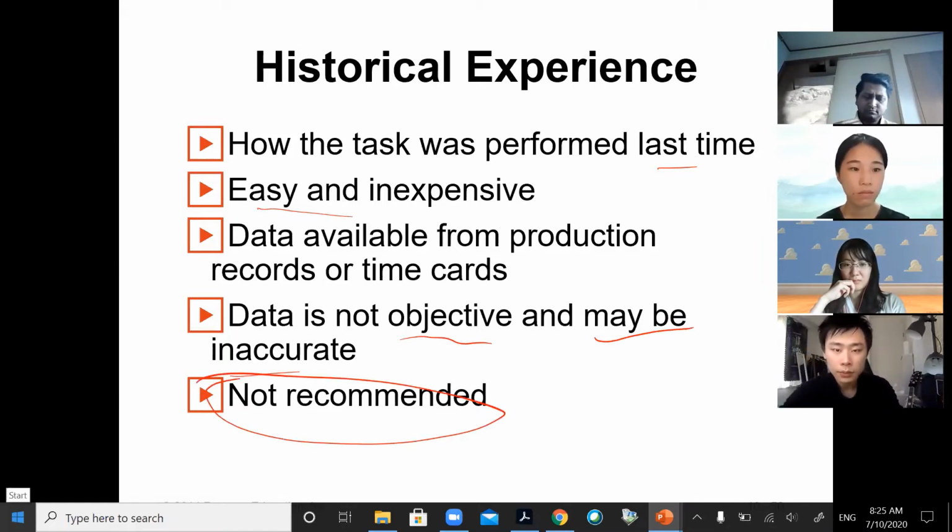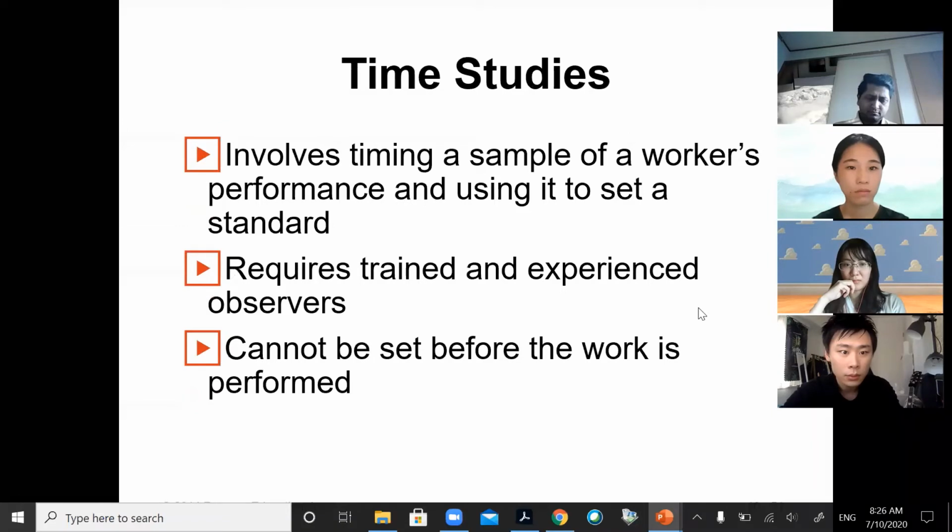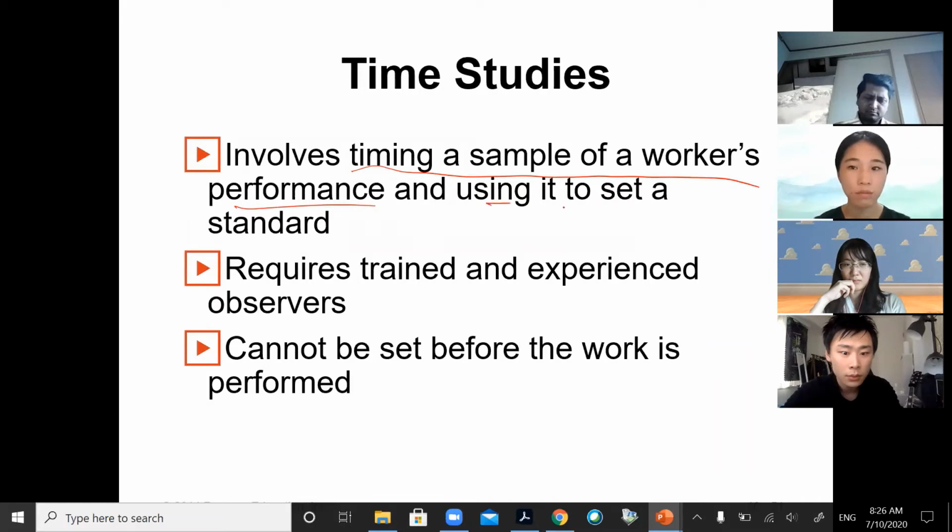So for production lines and service jobs, we must have time studies. Time studies involve timing a sample of a worker's performance and using it to set a standard, meaning we are going to actually take the time, using a stopwatch.